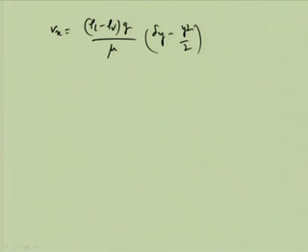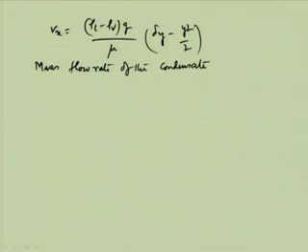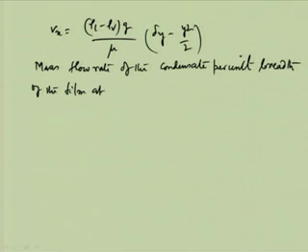Now, if you try to find out the mass flow rate of the condensate per unit breadth of the film at any position x, how is that?